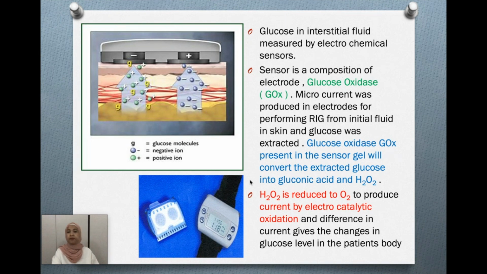Then the glucose oxidase present in the sensor gel converts the extracted glucose into gluconic acid and hydrogen peroxide. This hydrogen peroxide is reduced to oxygen, and this produces a current by electrocatalytic oxidation. So the difference in the current shows how much glucose you have in your body or your blood.